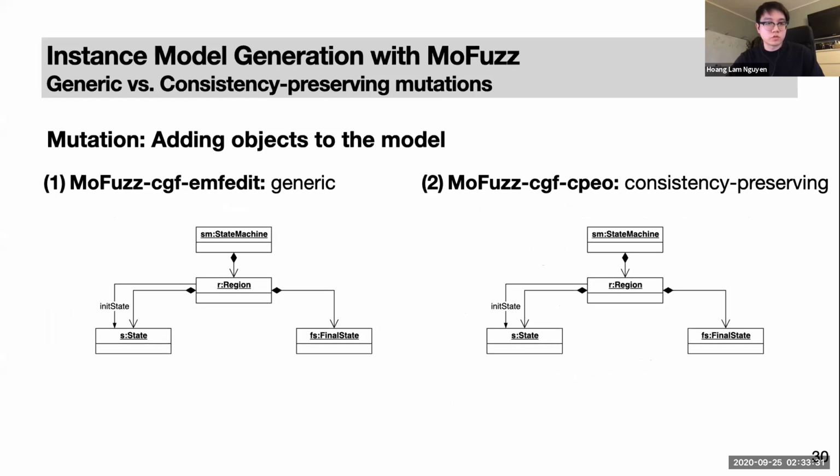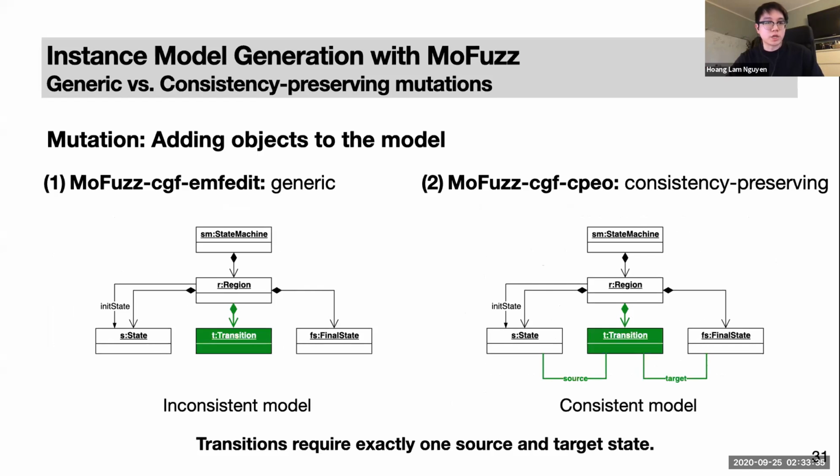So if we look at this example, adding an object using our generic mutations will yield an inconsistent model, but using our consistency preserving mutations, it will yield another consistent model, because on the right side, our transition has references to its source and target state, whereas they are missing on the left side.